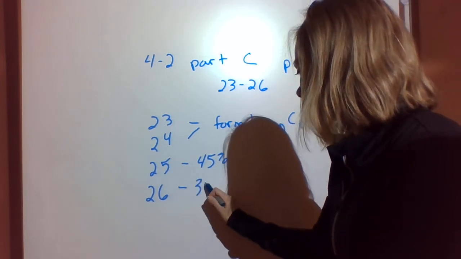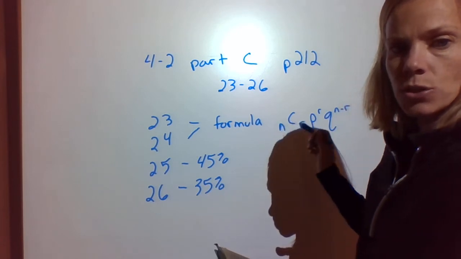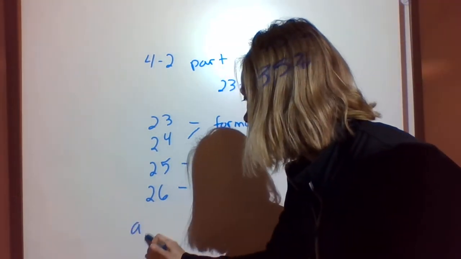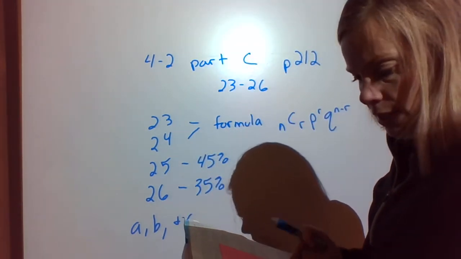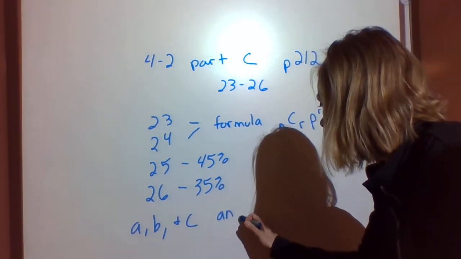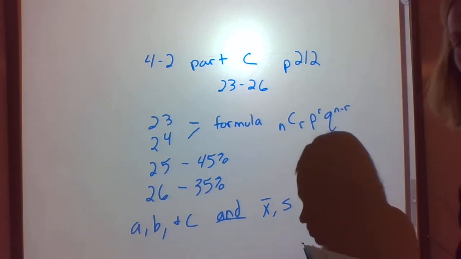And 26 is 35%. I'm changing those so you can use the table, but I still want you to practice using that formula again. And then you are doing parts A, B, and C that the book says. And you're going to calculate the mean and standard deviation for each.